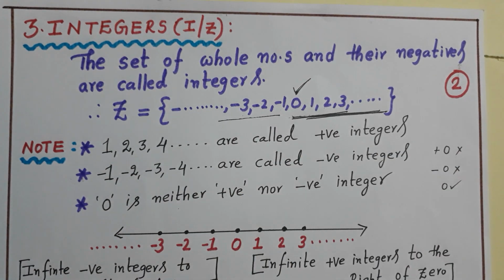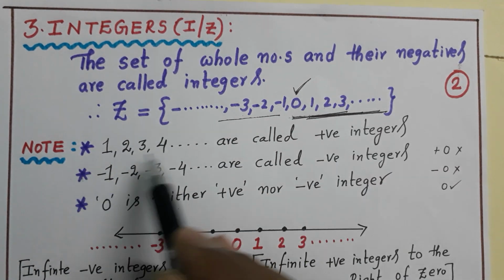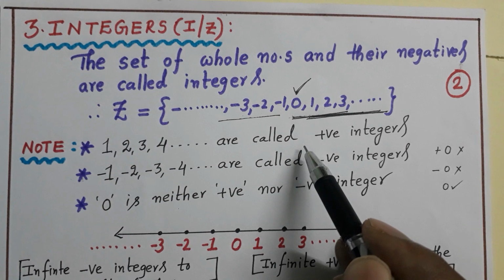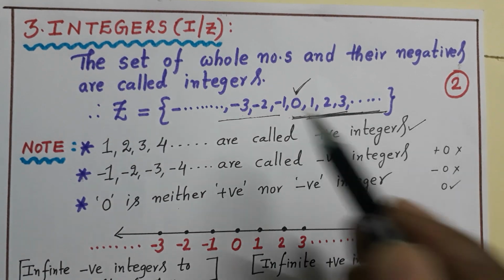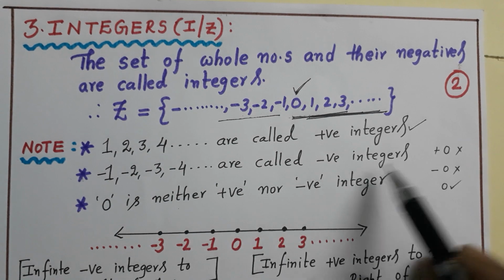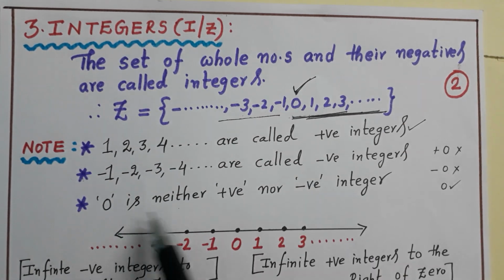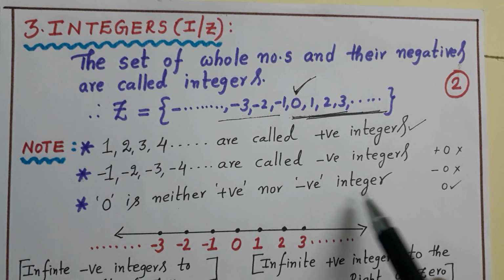See some properties of integers. In these integers, plus 1, plus 2, plus 3, plus 4 etc. are called positive integers, whereas minus 1, minus 2, minus 3, minus 4 etc. are called negative integers. Here the 0 is neither a positive nor a negative integer.